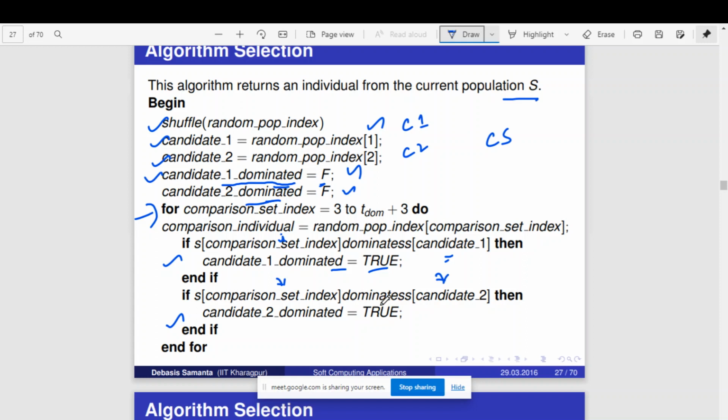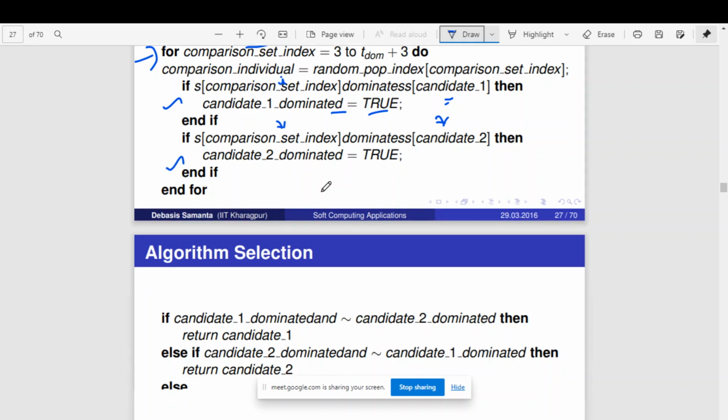So this loop basically finds out whether candidate 1 is dominated by somebody or not, and also finds out whether candidate 2 is dominated by somebody else or not, right? Somebody else in the comparison set or not.